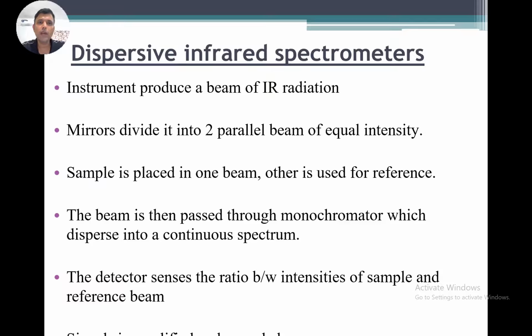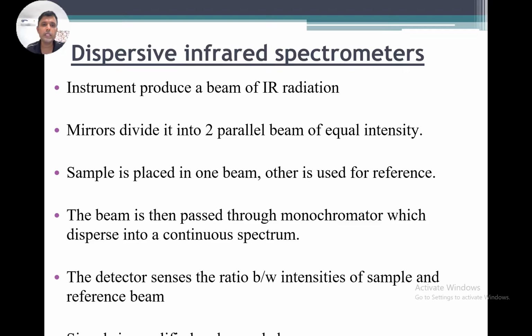This helps to determine how much radiation is absorbed by the sample. Then the signal from the detector is amplified and recorded as a graph of absorbance versus wave number. This graph is called the IR spectrum, which helps to identify different functional groups in the sample. So this is about the dispersive IR spectrophotometer.